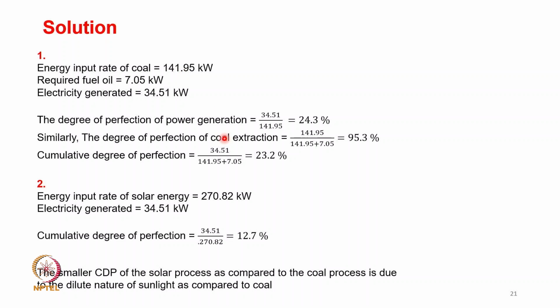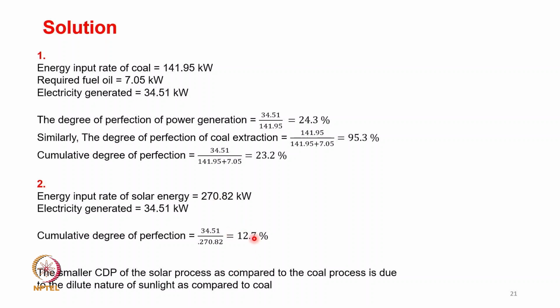Now let's look at the renewable cycle. The energy input from the solar is 270.82, the electricity generated is 34.51, and here the calculation is fairly straightforward. The cumulative degree of perfection is of course the ratio of this versus this, which is about 12%.